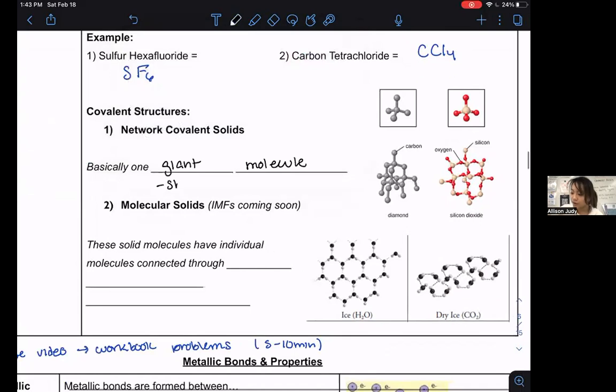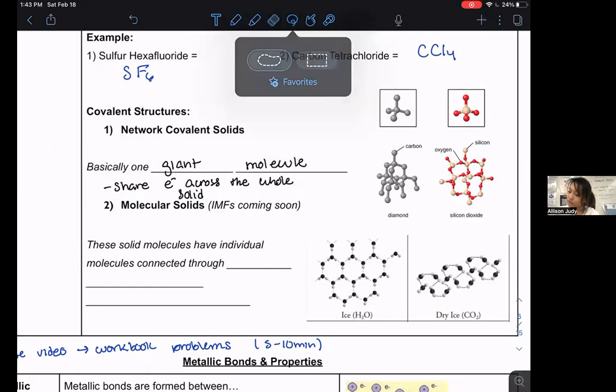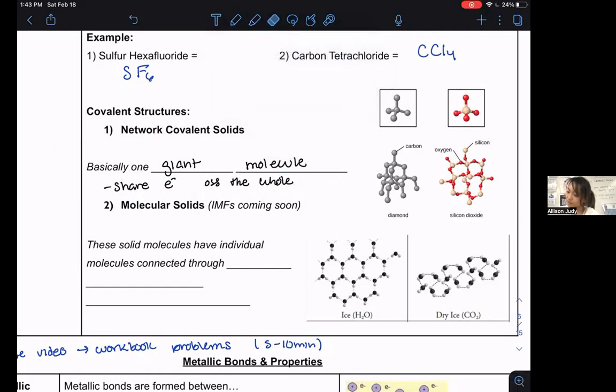You share electrons across the whole solid, so it just becomes one giant molecule across the whole solid.